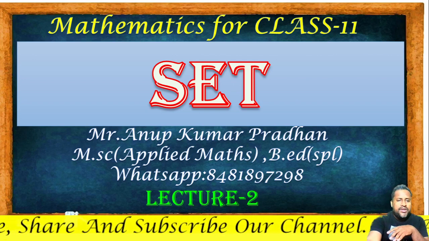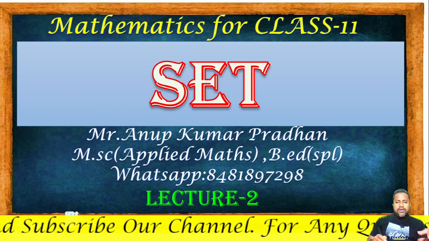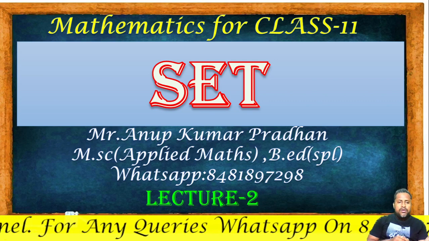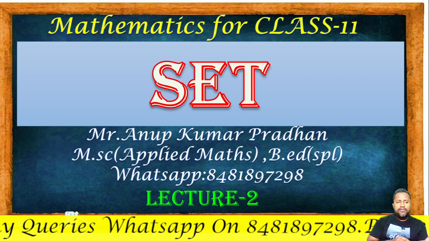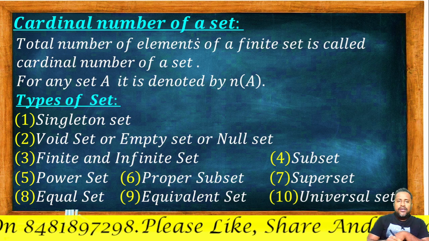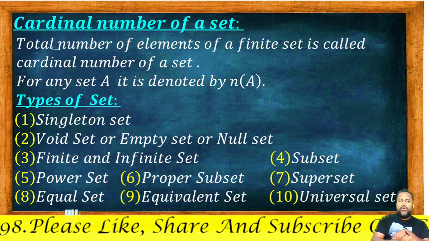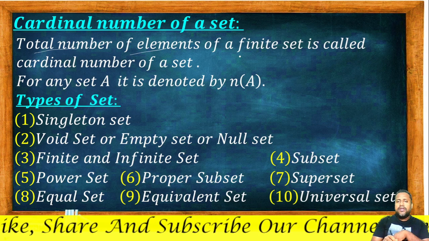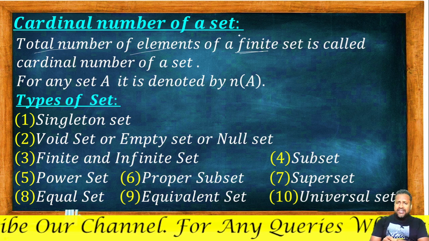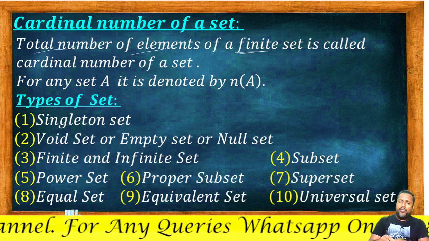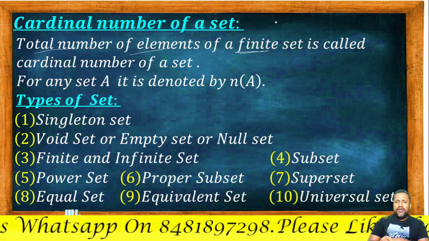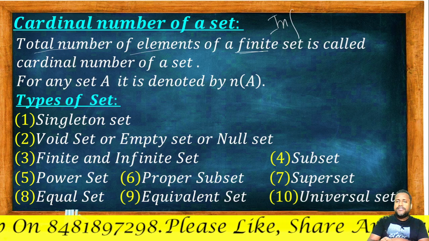Okay, so first, what is the cardinal number of a set? The cardinal number of a set is the total number of elements of a finite set. Here I have considered only finite sets, but we can count the cardinal number of an infinite set also.